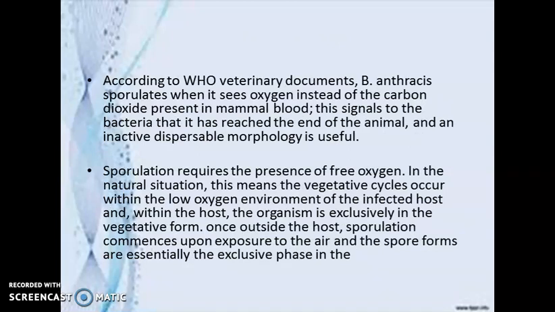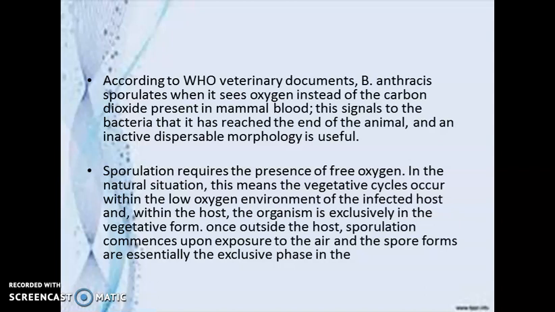According to the WHO veterinary documents, Bacillus anthracis sporulates when it sees oxygen instead of the carbon dioxide present in mammal blood. This signals to the bacteria that it has reached the end of the animal and an inactive, dispersible morphology is useful. Then the sporulation requires what? The presence of free oxygen.